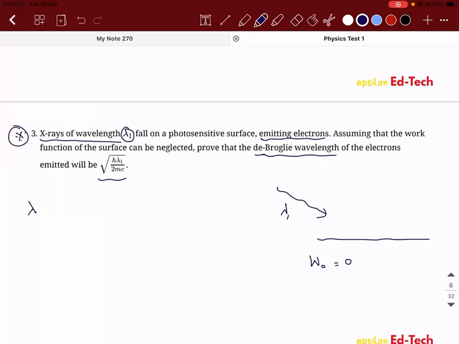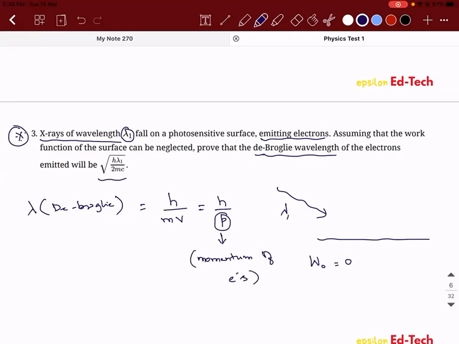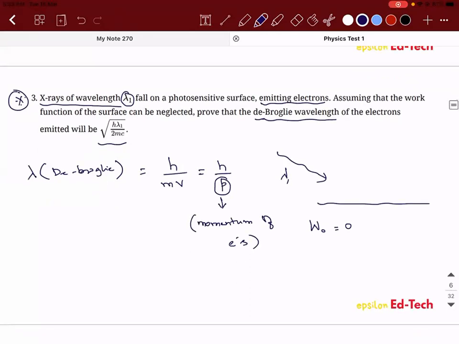Lambda, the de Broglie wavelength, is equal to h divided by m into v, or I can call it h divided by p, where p represents the momentum of electrons. Right? When this is the case, what is Einstein's photoelectric equation?